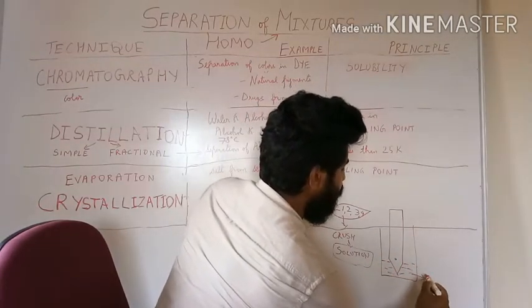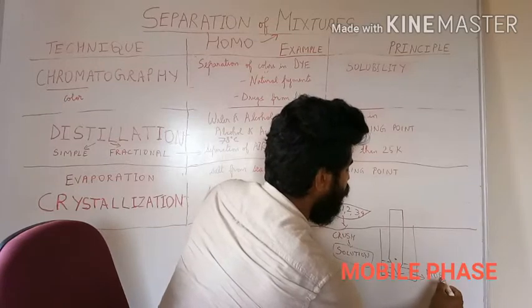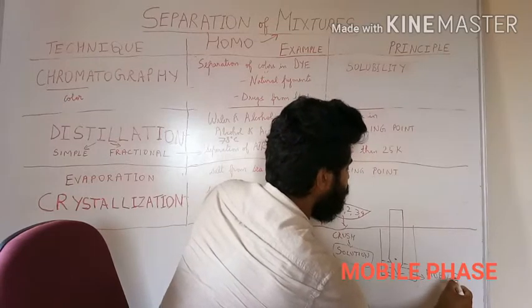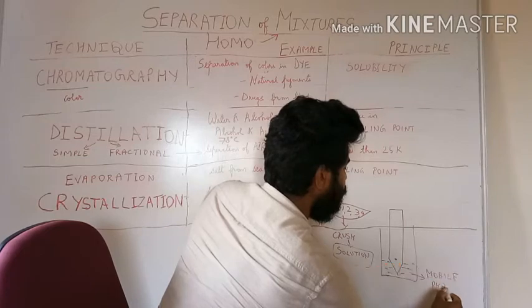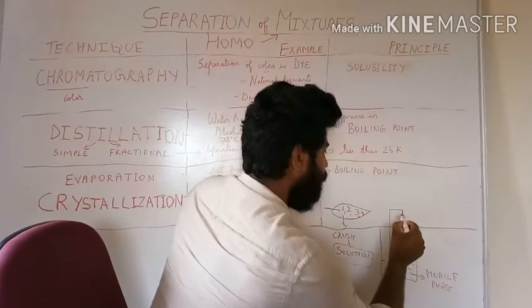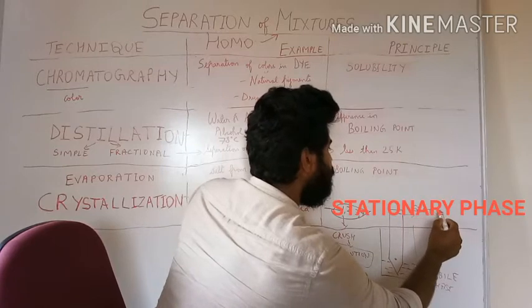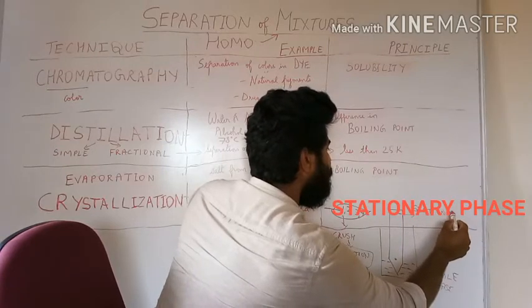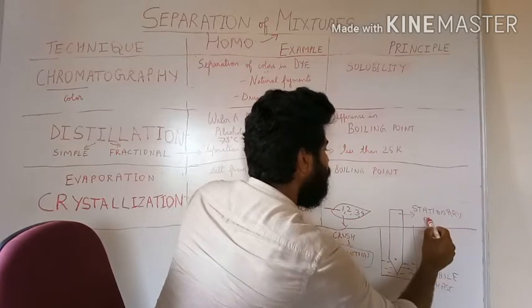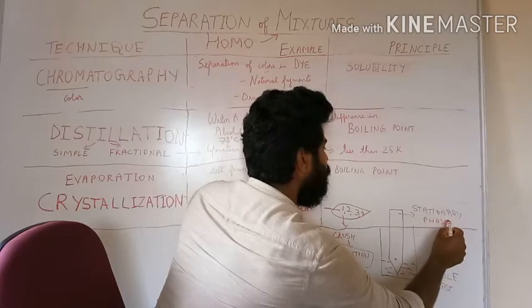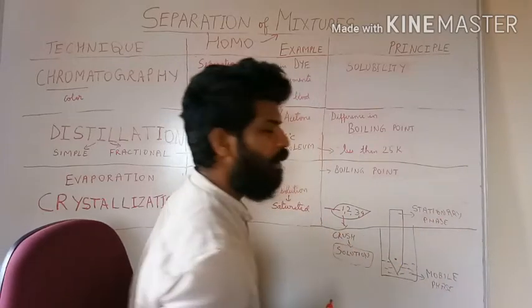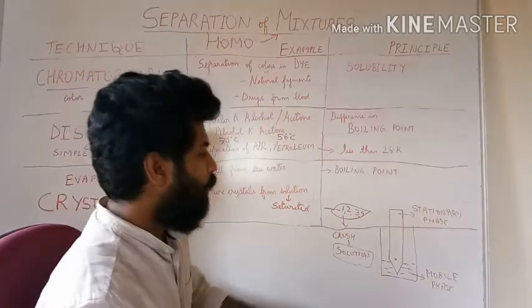This liquid is called the mobile phase, and the paper is called the stationary phase, the one that does not move, whereas the solvent present here will rise up.